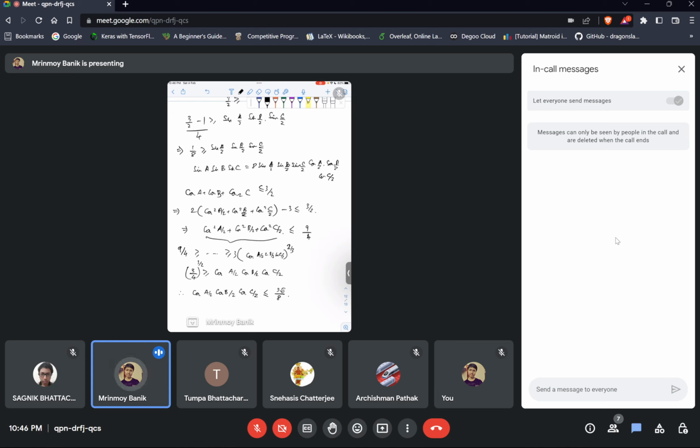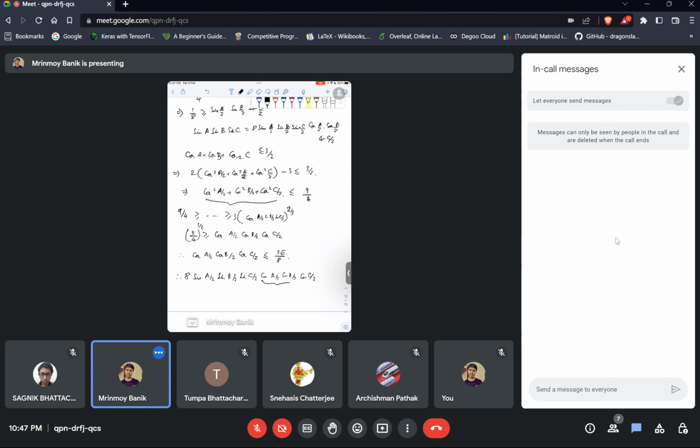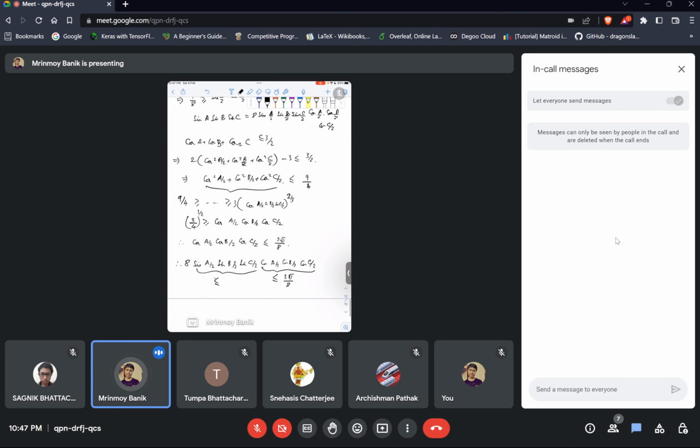And using that, 8 sine A by 2 sine B by 2 sine C by 2 cos A by 2 cos B by 2 cos C by 2. These 3 terms is greater than or equal to 3 by 8. These 3 greater than or equal to 1 by 8. And this is 8. So the whole thing cancels out.